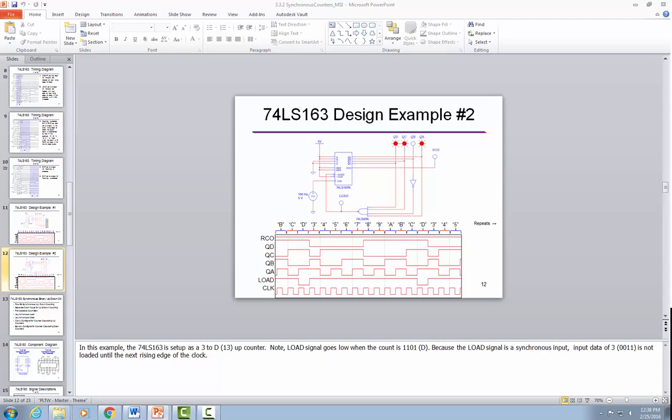So that load and clear doesn't do any good until the clock fires. The clock fires and changes up to that 13 or that D, and it's saying reset, reset, reset, but it doesn't listen until the next time the clock fires. When that clock fires, it goes, oh okay, I'm supposed to reset to whatever's loaded. So it's a little different technique than we did with JKs or Ds.